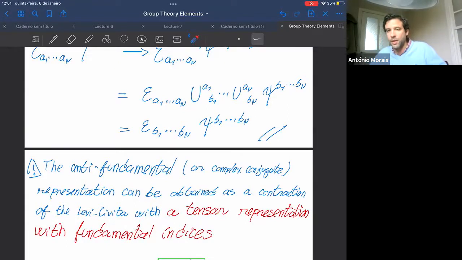You start with the fundamental representation and using ladder operators, which are given in terms of epsilon tensors and other things, you can construct other tensors of your symmetry, and also, of course, contracting tensors with other tensors, you build new tensors of your symmetry.